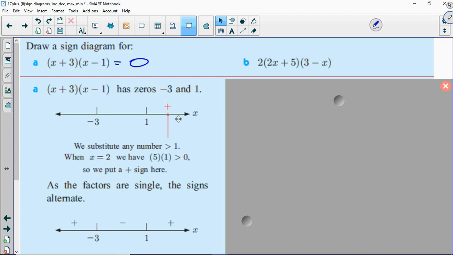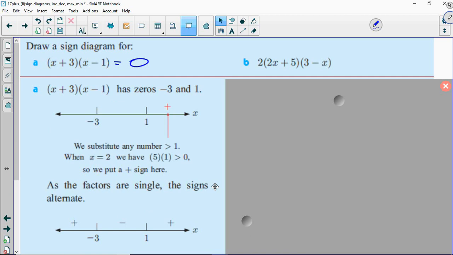In between the two, I would choose 0. I think that's the obvious choice. That would give us 3 times -1, which is -3. So that's why we have a negative in between there. And if you choose any value to the left of -3, I would choose -4. You'll get -1 times -5, which is +5, so we put a plus.